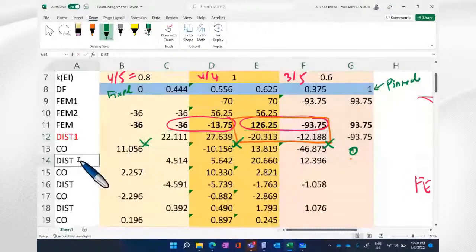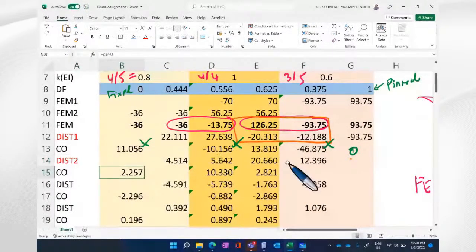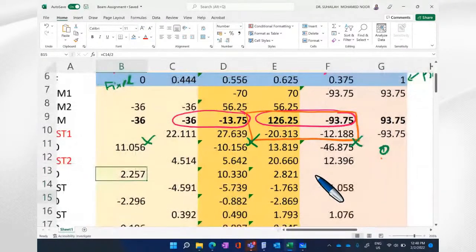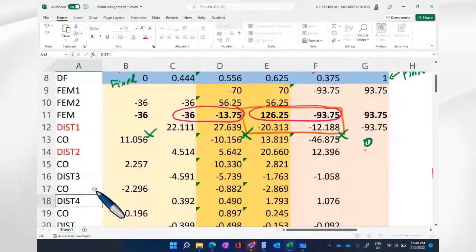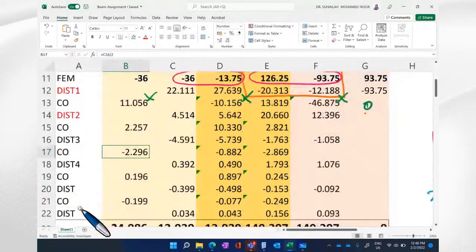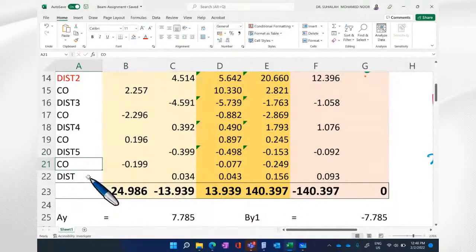And then we have to repeat for the next cycle, distribution number 2. After that we have to repeat the process again and again. I have actually done it until distribution number 5, distribution number 6. So I get this.